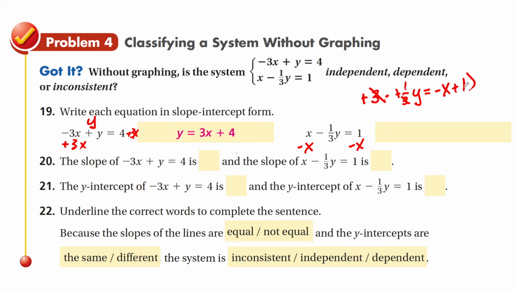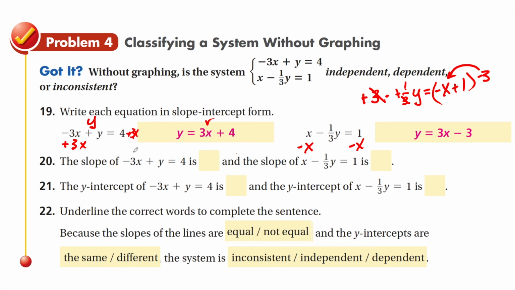And if I do that to one side, I must make sure I do that to the other, so I'm going to multiply by a negative 3 on the other side as well. So we get negative 3 times a negative x, which gives you a positive 3x, kind of like this one, and we have a negative 3 times a positive 1, which will give you that negative 3.